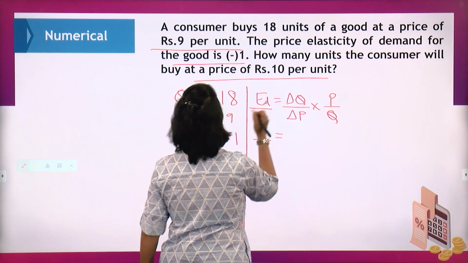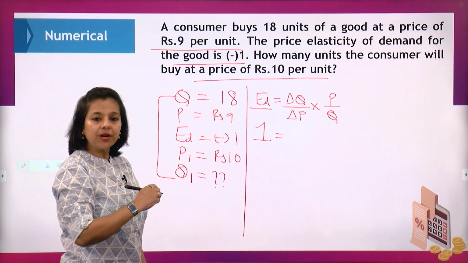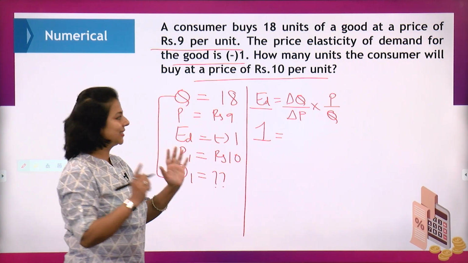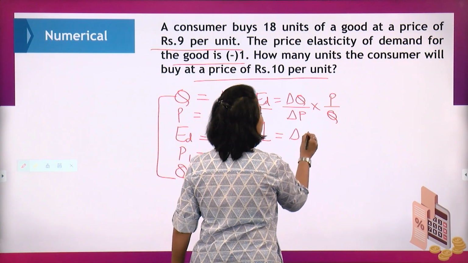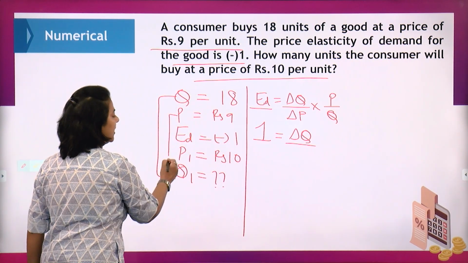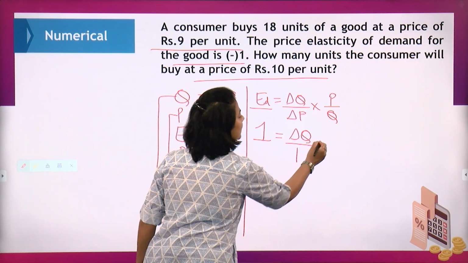Now change in Q. Change in Q is the difference between original quantity and new quantity. इसे हम कैलकुलेट अभी नहीं कर सकते, so I will rewrite this as change in Q only. And change in P is the difference between original price and new price, which is 1.